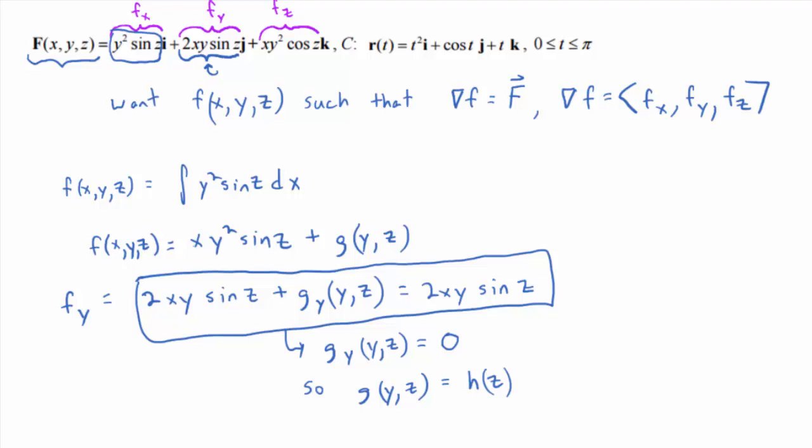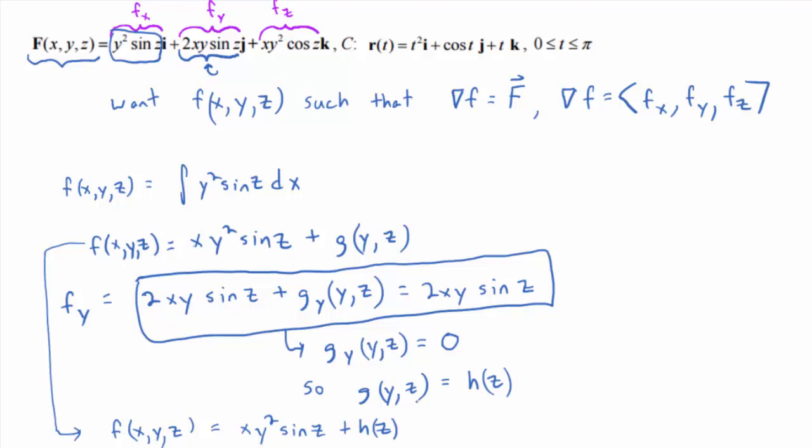So at best it's a function of z, just z. Does that reasoning seem reasonable? Okay. So now I can rewrite f of x, y, z as x times y squared sine z plus g of y, z, which turned out to just be a function at best of z.